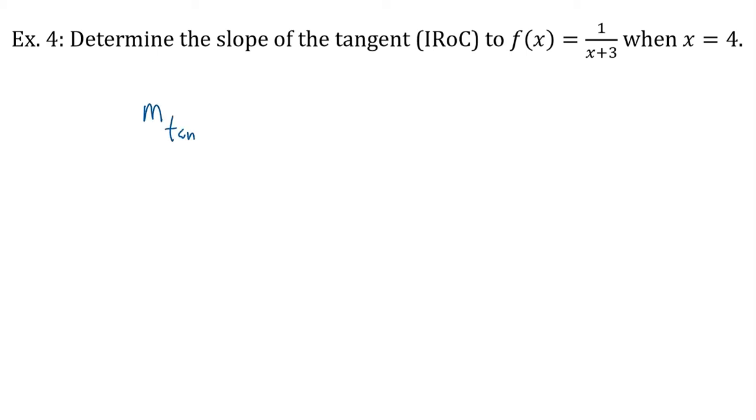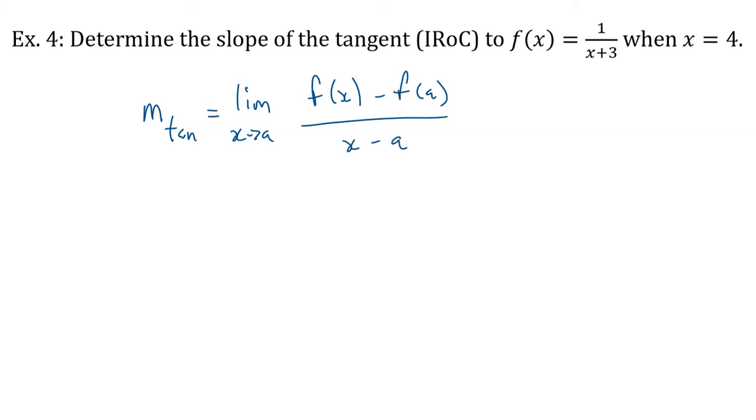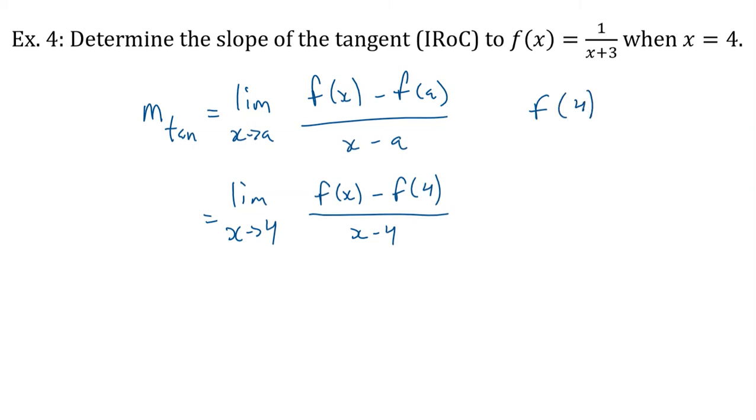Slope of the tangent equals the limit as x approaches a of f of x minus f of a over x minus a. Just the formula. Now I'm subbing in, so it's the limit as x approaches 4, in this case, of f at x minus f at 4 over x minus 4. So I need to know what f at 4 is.